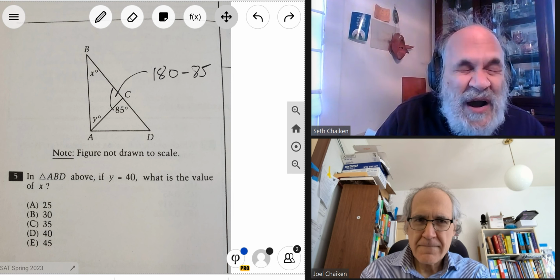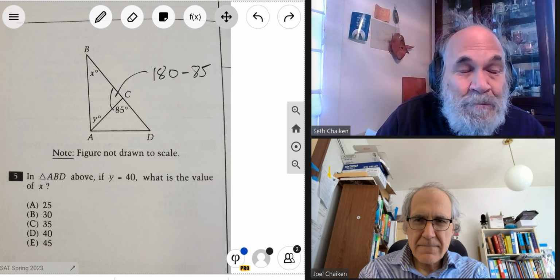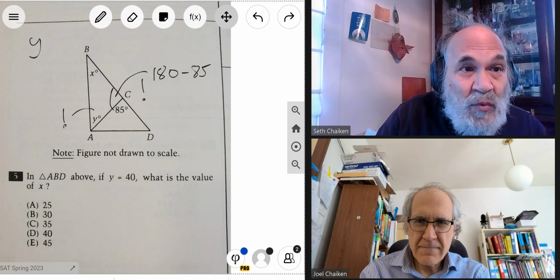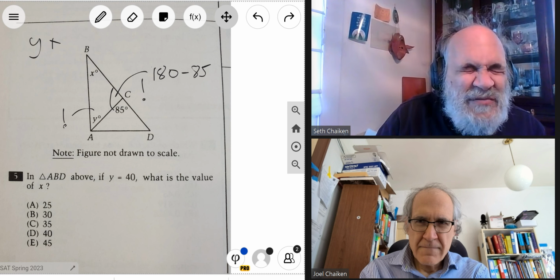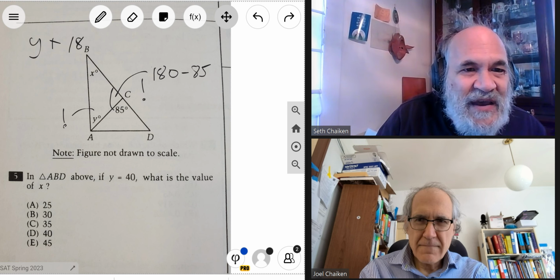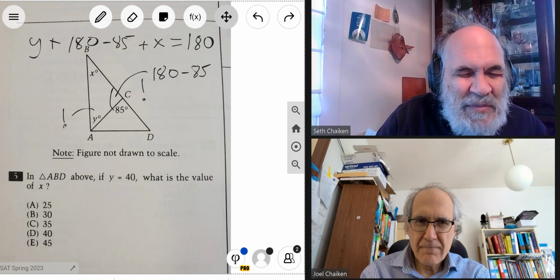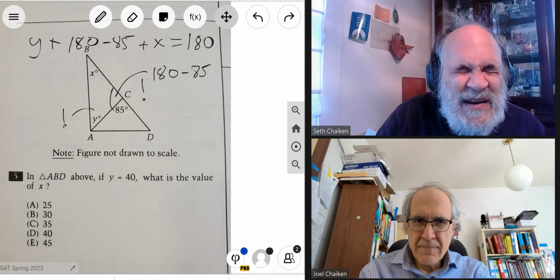Now, I also know that if I know y and I know this angle, I could use the fact that y plus the angle C of the little triangle, which is 180 minus 85, plus x, the unknown angle, equals 180, because every triangle in the plane has the property that the sum of the angles is 180 degrees.